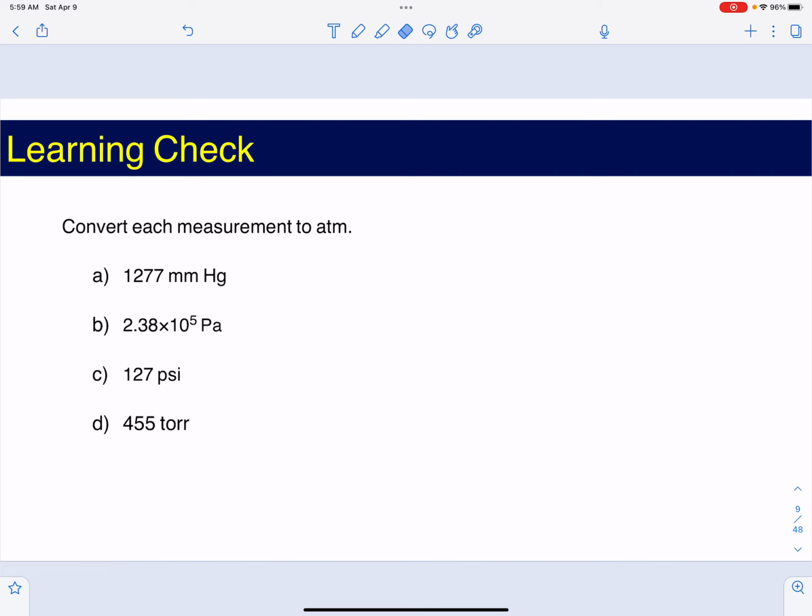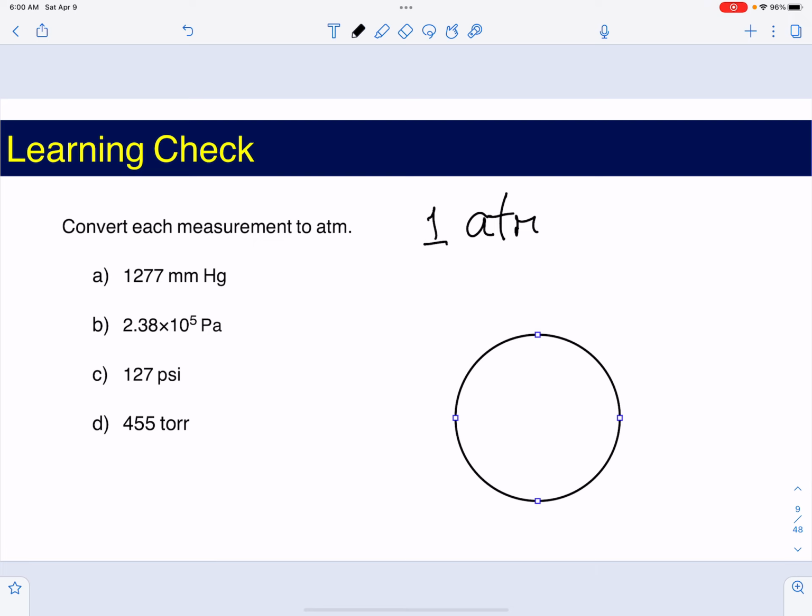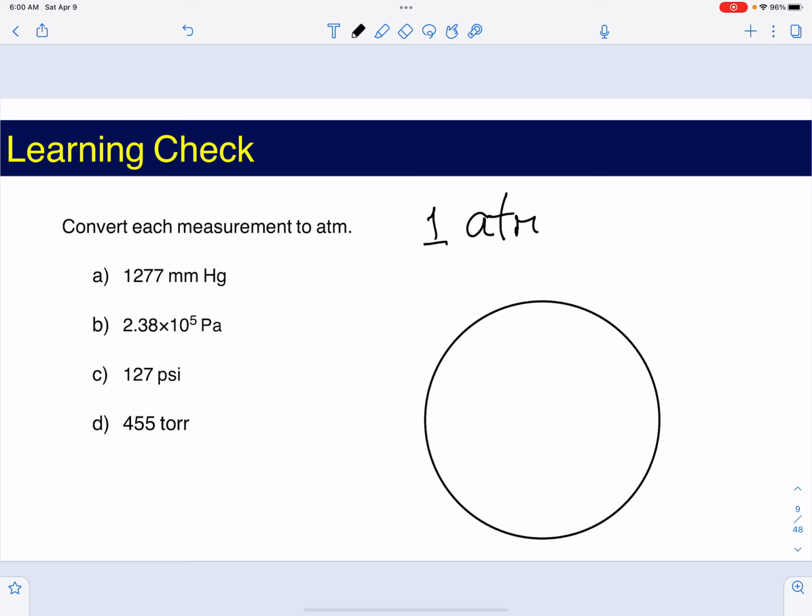For example, we can measure it in atmospheres. And let's explain briefly what one atmosphere is. So for example, you live on a circle, and we call that circle planet Earth. And there's air around that ball of dirt.